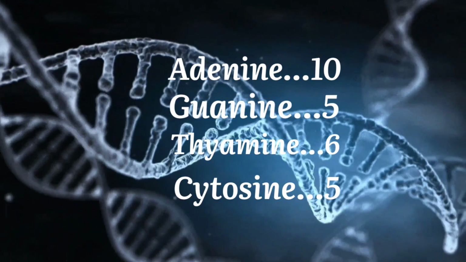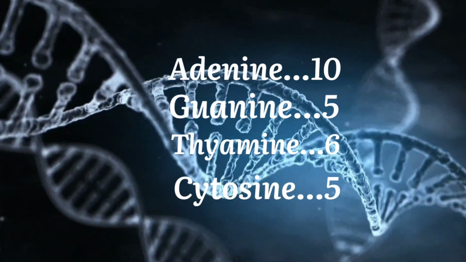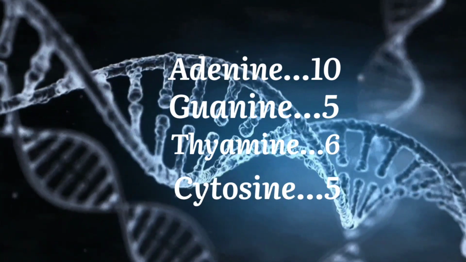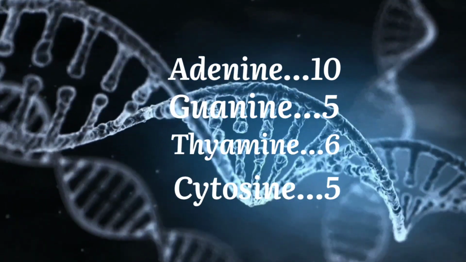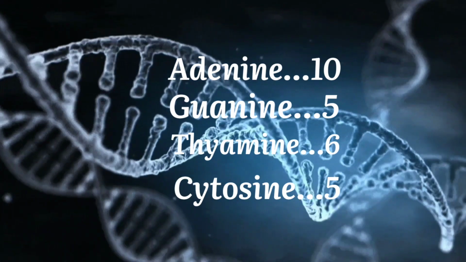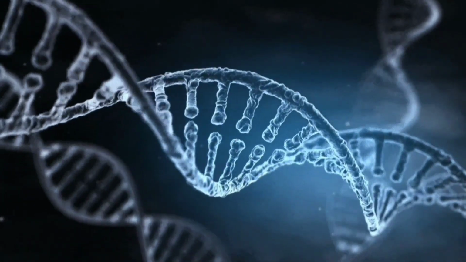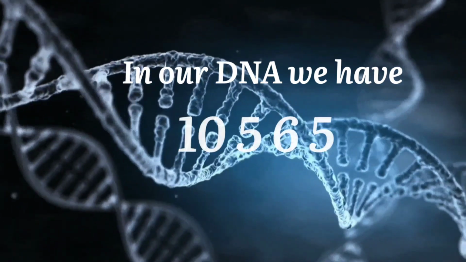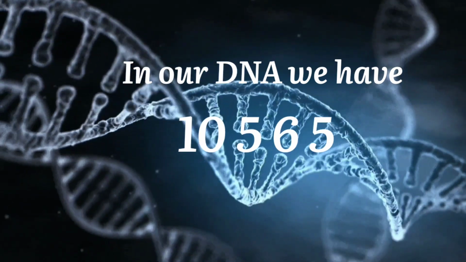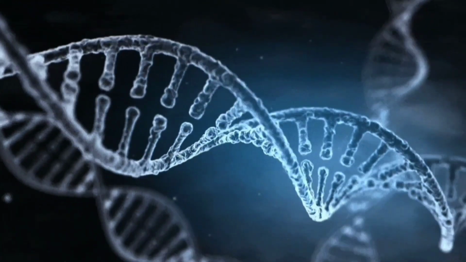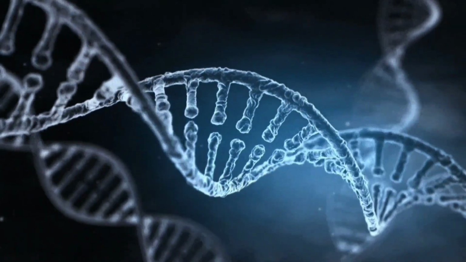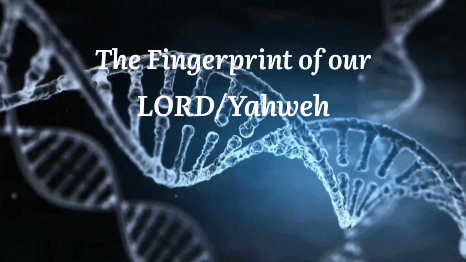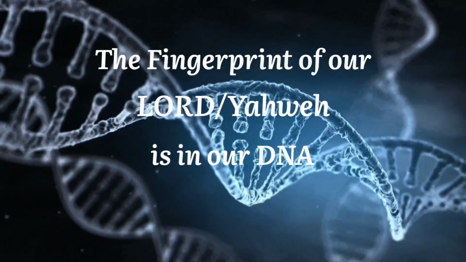When you look at this bridge, what holds them together is a 10, a 5, a 6, and a 5. That's what we just talked about a minute ago. So in our DNA, we have 10, 5, 6, 5. That's the number or the name of our Lord. So our DNA basically has the fingerprint of the Lord Yahweh, who is also our creator.